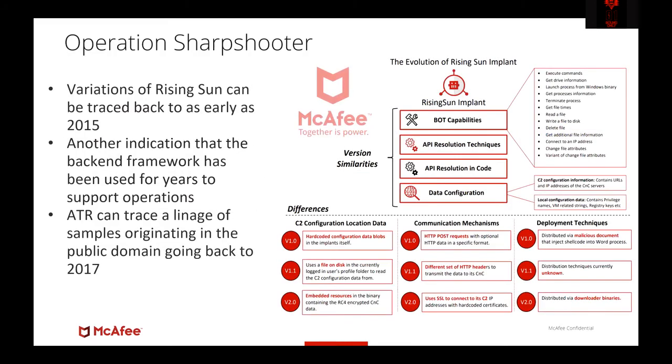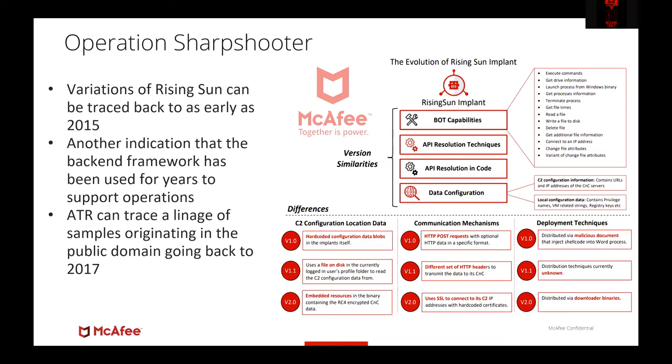So when we look at this from an overall capabilities perspective on different versions of Rising Sun that we've seen over time, we've broken up here the three different kinds of methods. So C2 and configuration data and how it's changed from V1 to V1.1 to V2, the communications mechanisms, deployment techniques.